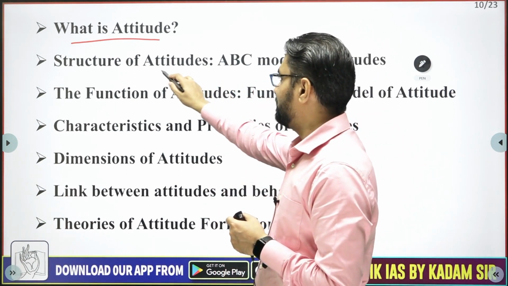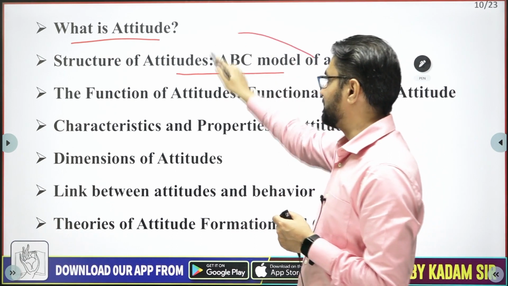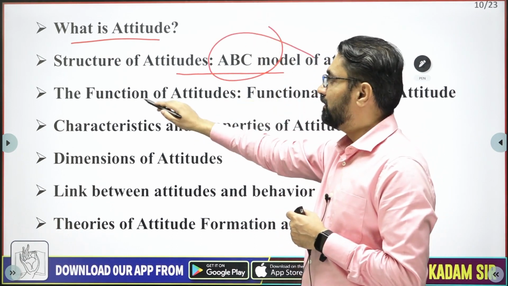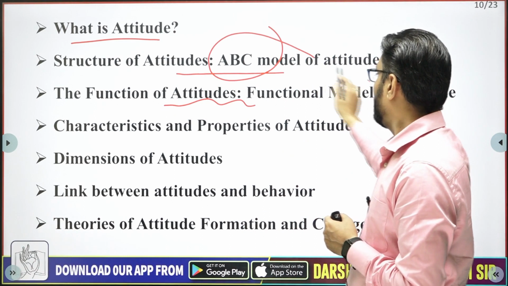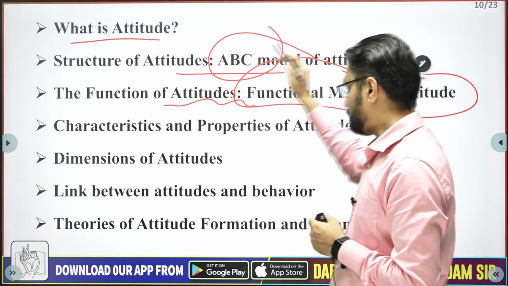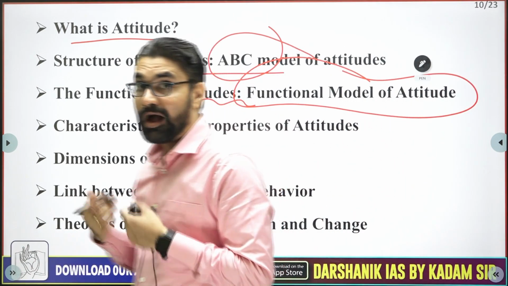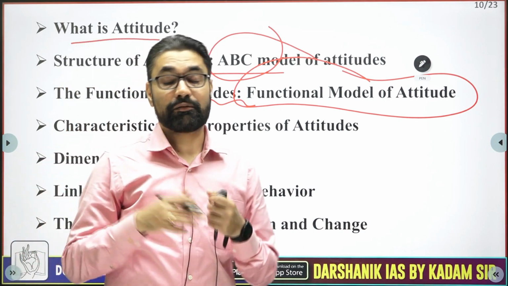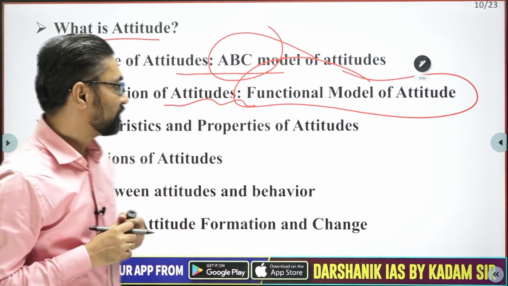Then we'll be discussing the structure of attitude that I told you, the ABC model of attitude. Then we'll discuss the functions of attitude, or the functional model of attitude: why we hold attitudes, what functions attitudes serve for us.